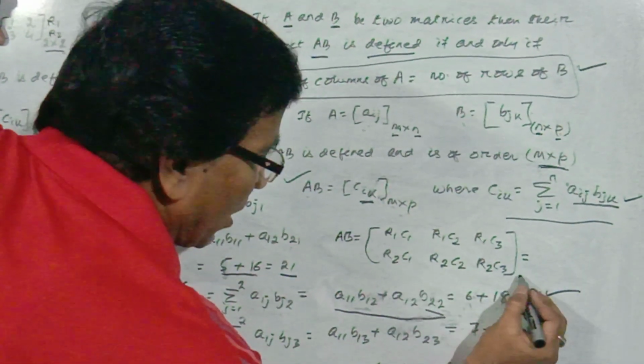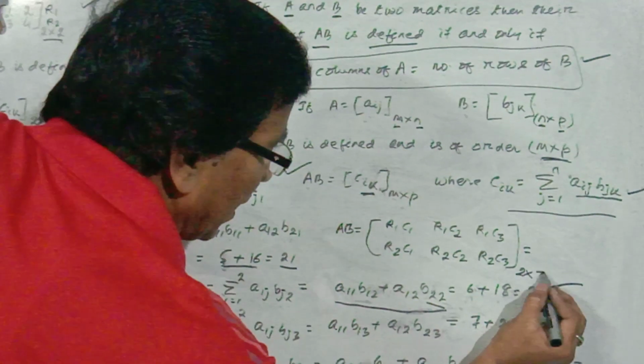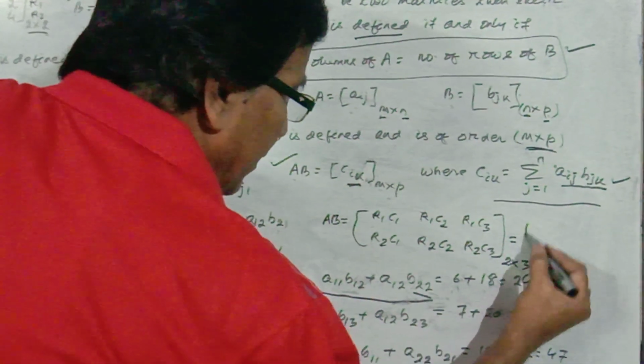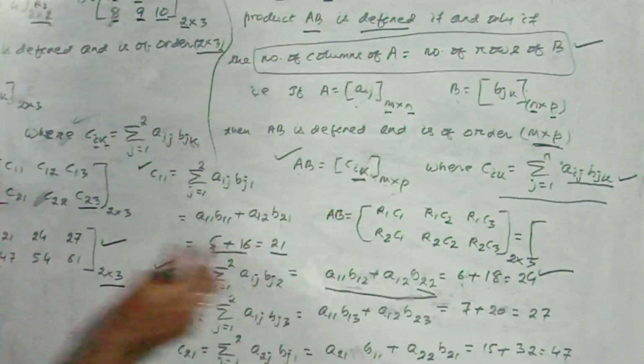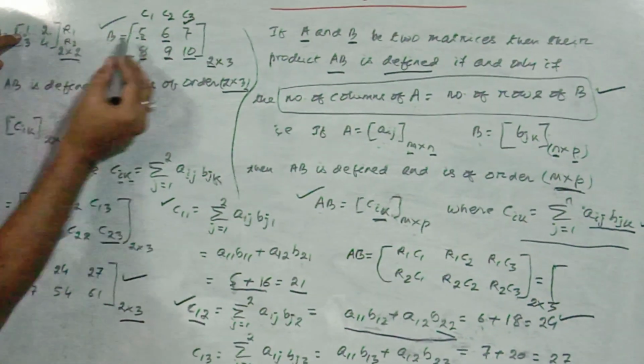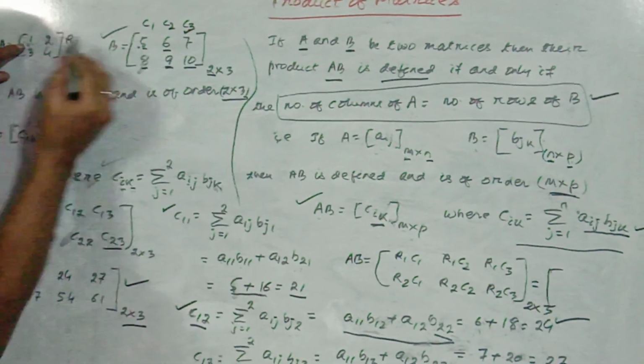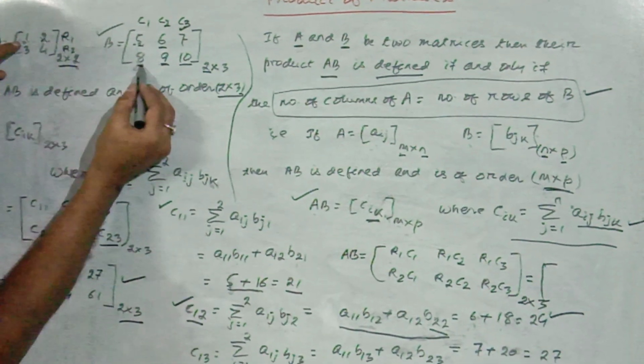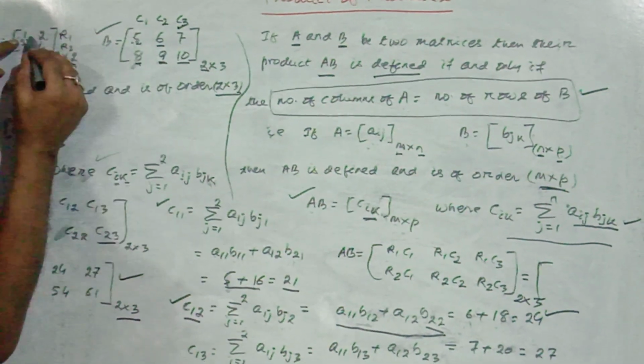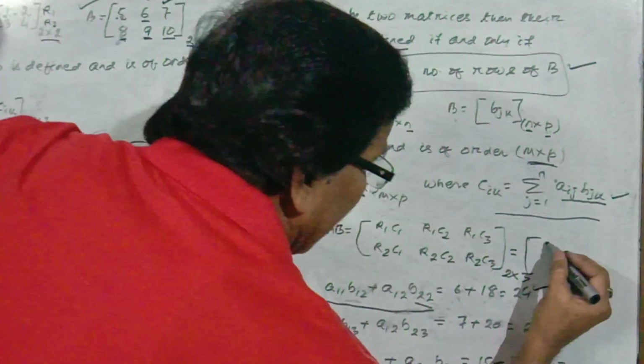It is of order 2 cross 3. So the first element is R1 C1. That means we multiply row 1 with column 1: 1 into 5 plus 2 into 8, that means 5 plus 16, which is equal to 21.